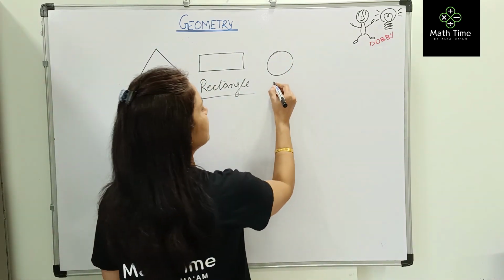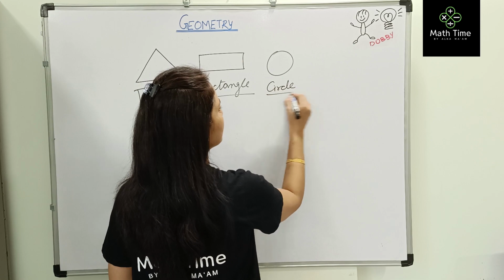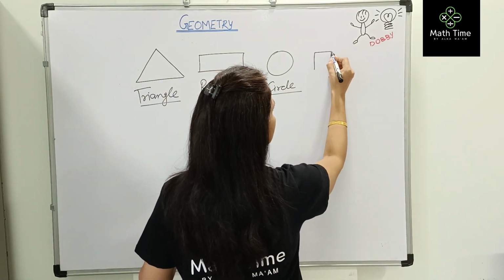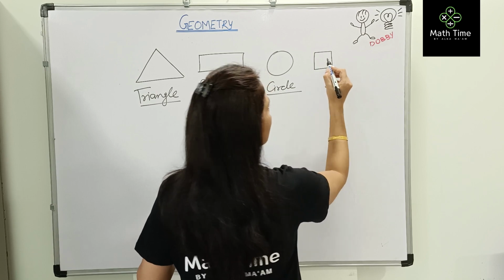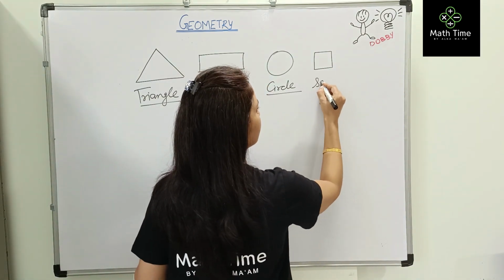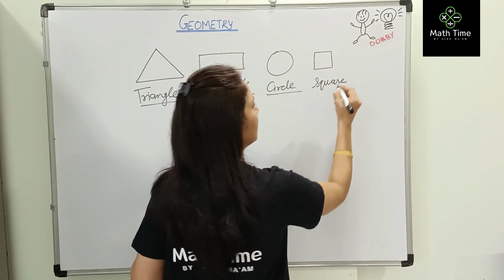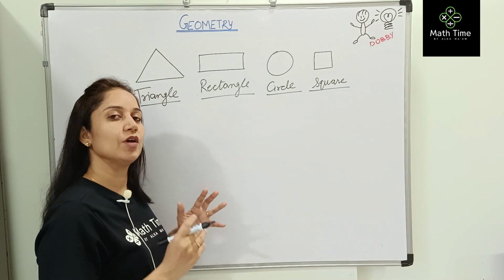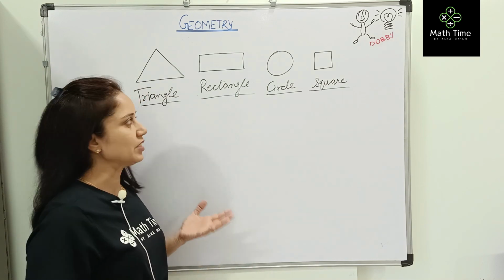It is a circle. Coming to the next shape. This shape has all four sides equal. It is a square. Correct. Okay, so these are all the basic plane shapes which you have already studied in your previous class also.